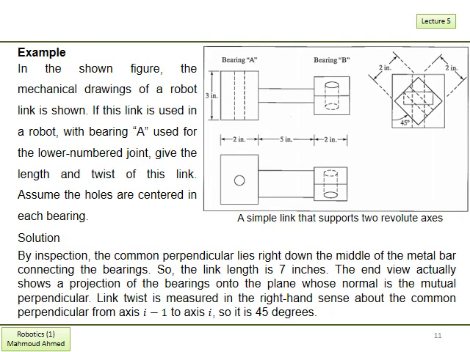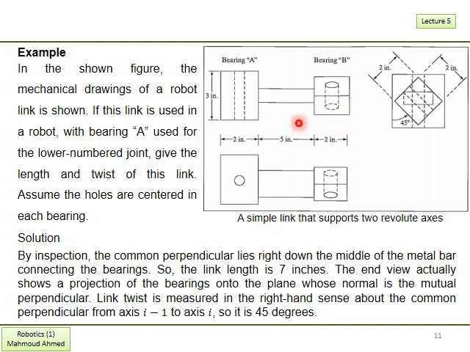Let's have an example on how to describe the relationship between the two axes for such a link as shown in the figure. This is the geometrical view of a given link. Bearing A represents the lower numbered joint, which is represented on the previous figure as a i minus 1, and bearing B, which is a i.